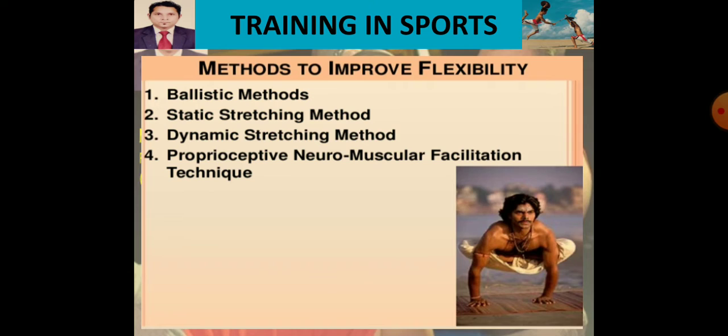The ballistic methods are practiced for a longer duration because we are performing two activities together: we are in motion and we are exhibiting flexibility, meaning the maximum range of movement of the joint.